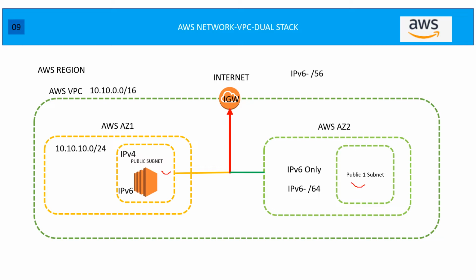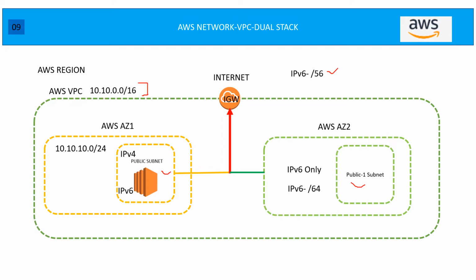So our lab remains the same, our VPC, Virtual Private Cloud, CIDR block remains the same: 10.10.0.0/16. We get the IPv6 subnet, which is going to be /56, and you need to do the further assignment to your subnets.